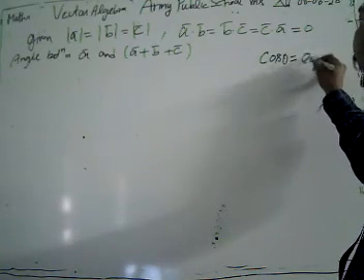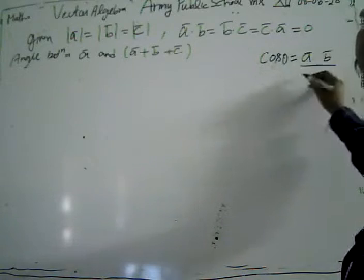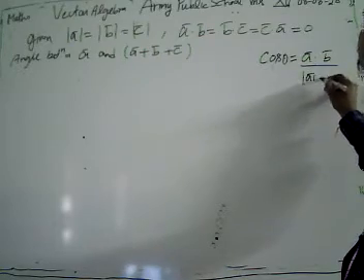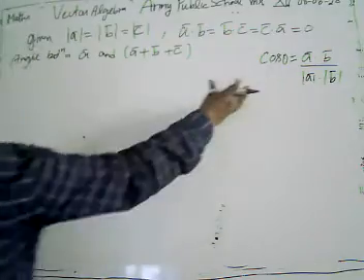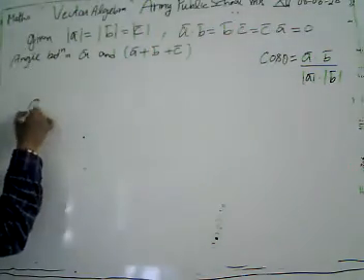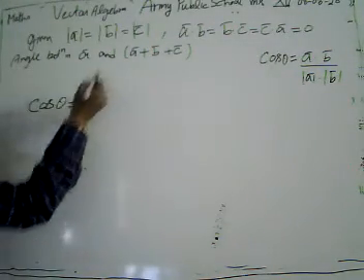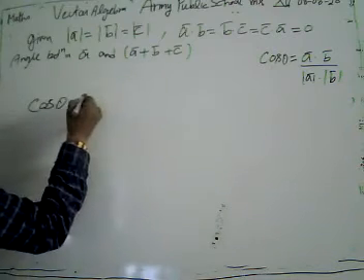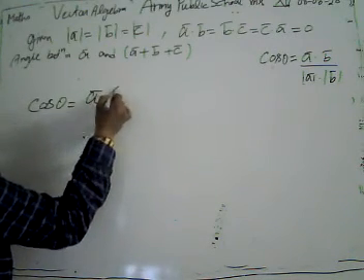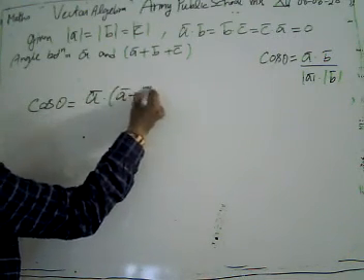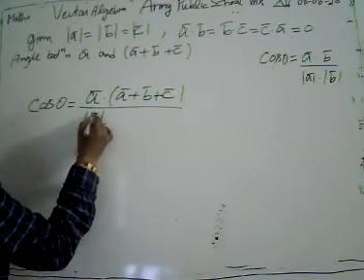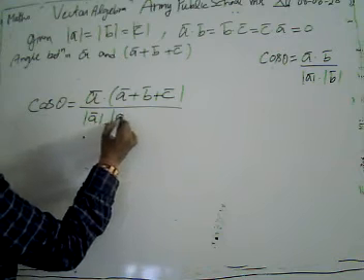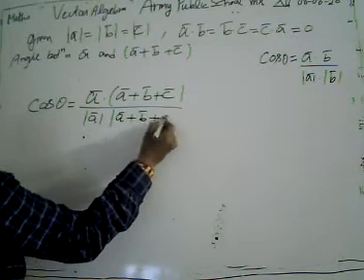Cos theta is given by vector A dot vector B divided by magnitude of A and magnitude of B. Again we use this basic concept. So cos theta is given by vector A dot (A plus B plus C) divided by magnitude of A and magnitude of A plus B plus C.